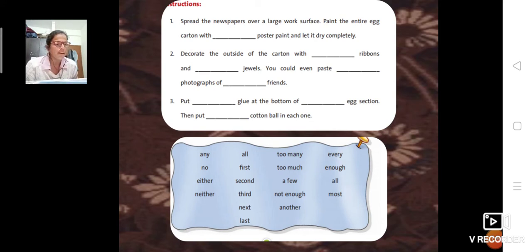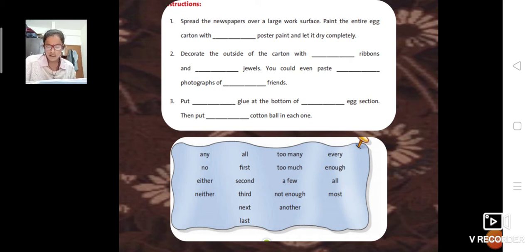Shall we start now? Spread the newspapers over a large work surface. Paint the entire egg carton with dash, poster paint. So poster paint, we can't count it, right? So we can use some poster paint, and let it dry completely. Decorate the outside of the carton with dash ribbons. Already we know that there are many ribbons, right?